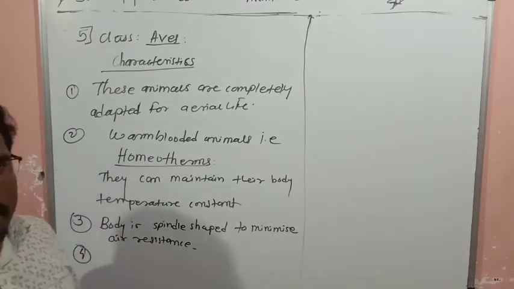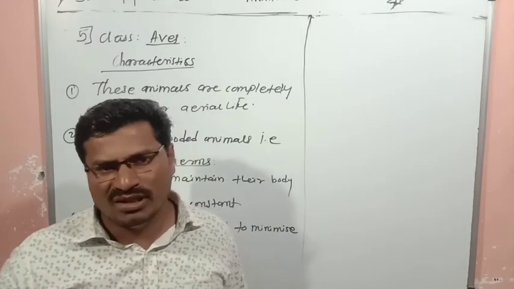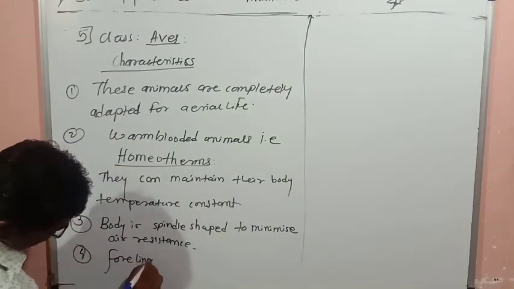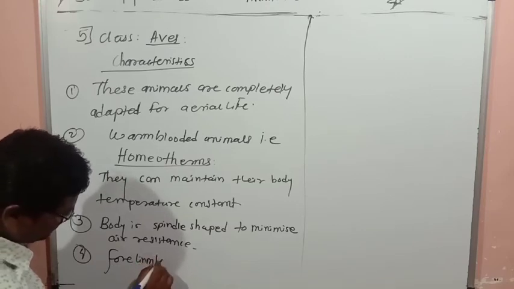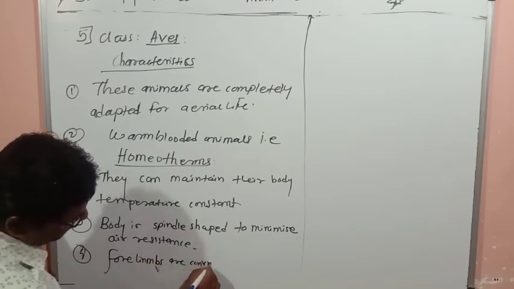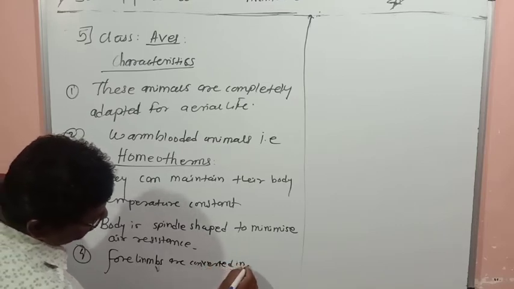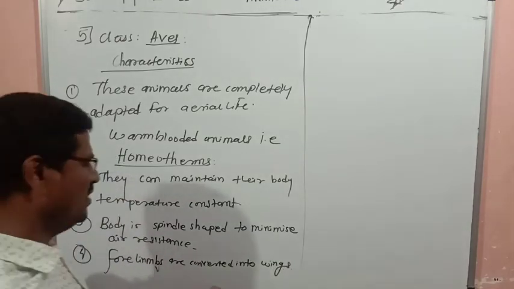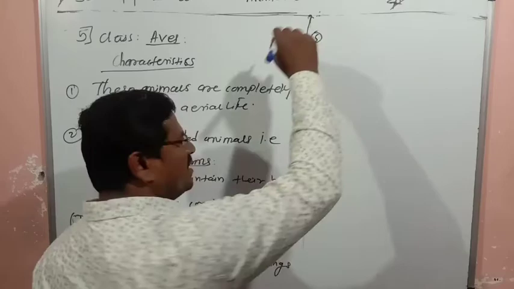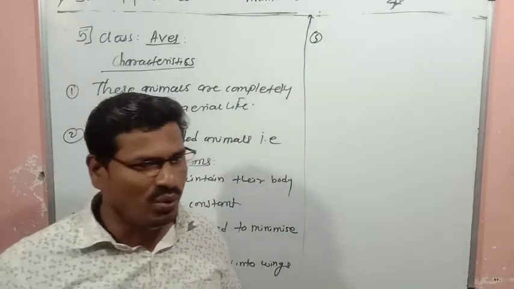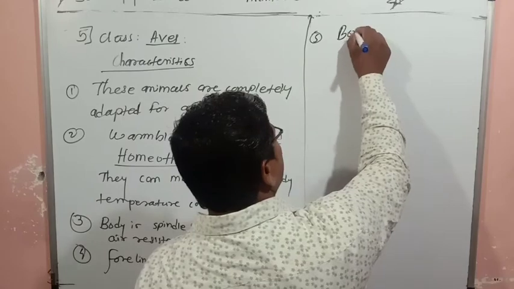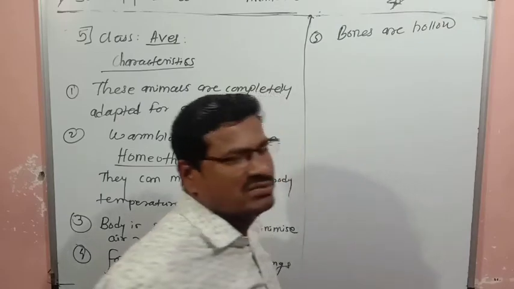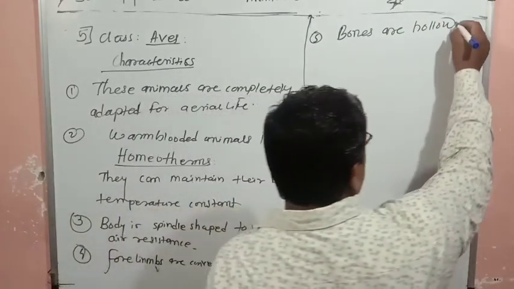Fourth characteristic is that forelimbs are converted into wings. That means wings are formed. Fifth one is that bones are hollow. They are having cavities.